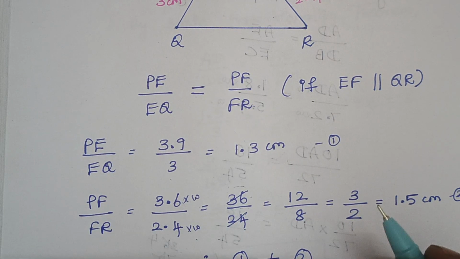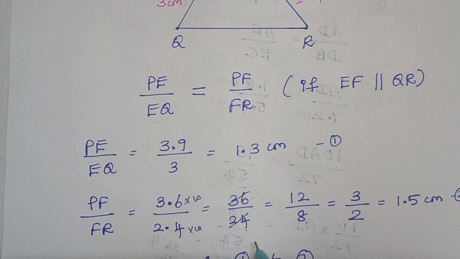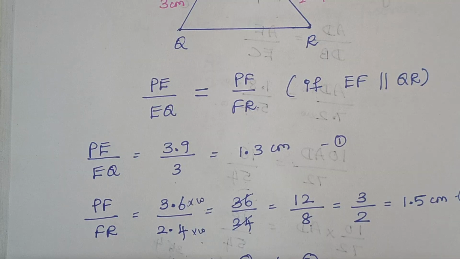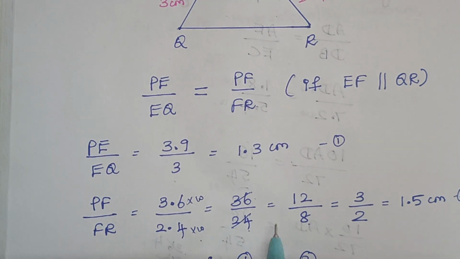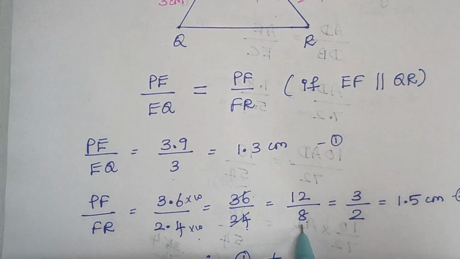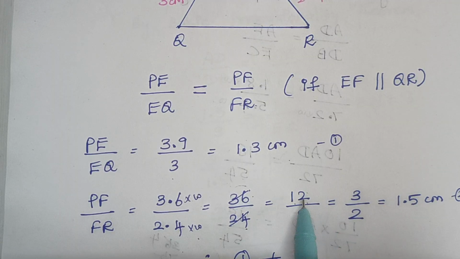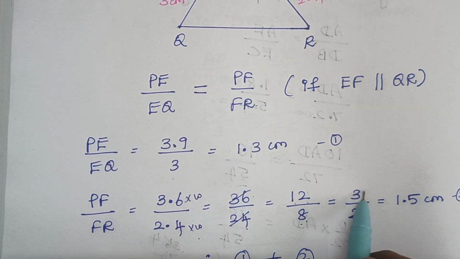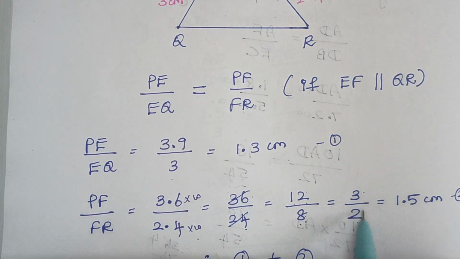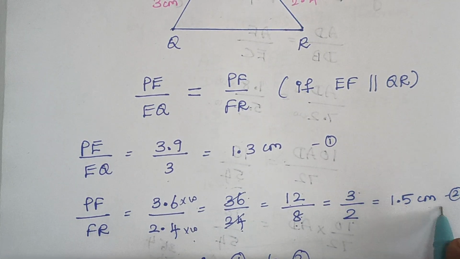Anyway, we will cancel simply. Here I have cancelled using 3. Here 8 3s are 24 and 1 3 is 3, 3 2s are 6, again 12 by 8. I can cancel using 4th table. 4 2s are 8 and 4 3s are 12. So here I got the answer as 3 by 2, which is 1.5 centimeter.